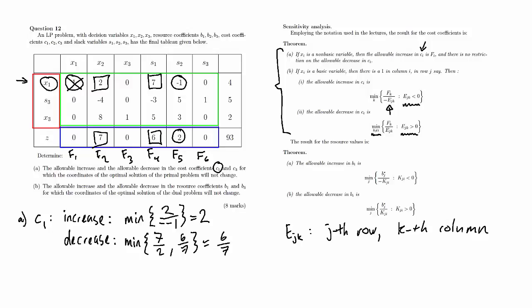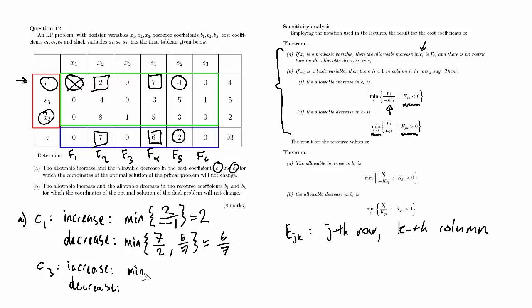Now let's do the same thing for C3. We first have to decide if x3 is a basic variable. And it is, and so we're going to focus on the third row of the tableau. To find the allowable increase, we look at the negative numbers in this row. There aren't any here, so there are no candidates for the set of values we're taking.